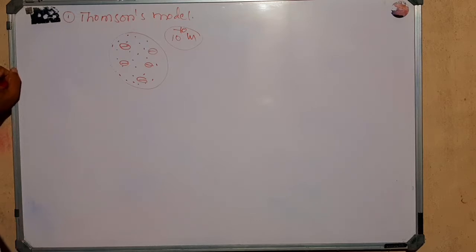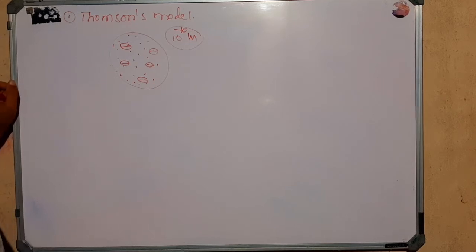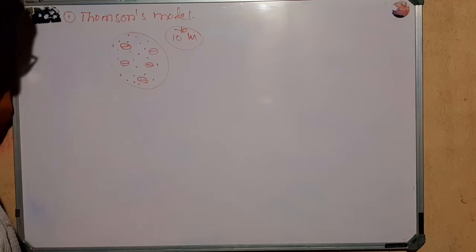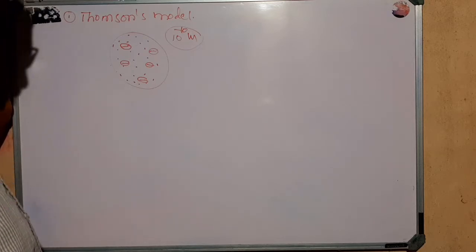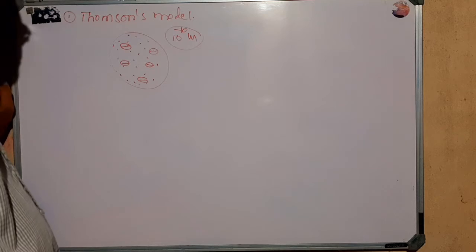But this model is not accepted. It is because when you analyze the spectra of different elements, what we observe is that different colors are produced. Why are different colors observed in a spectrum?